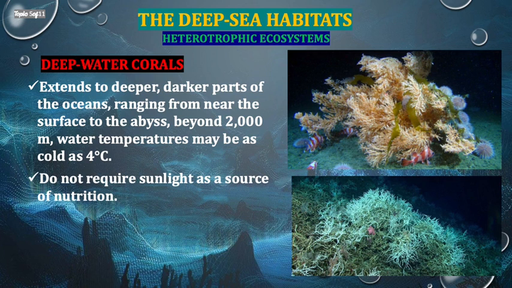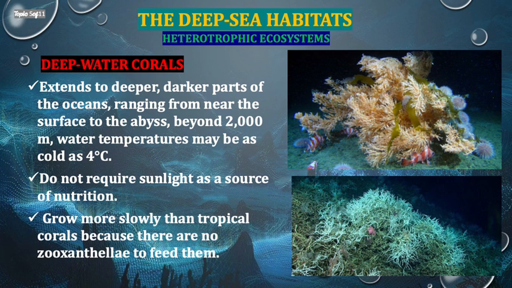Okay, so the deep sea corals do not require sunlight to do photosynthesis, but instead they utilize microscopic organisms like zooplankton, crustaceans, and even krill as their source of food. And they have no zooxanthellae to feed them.